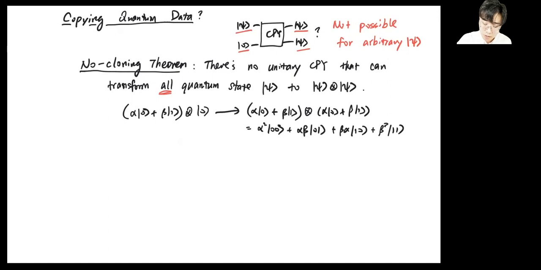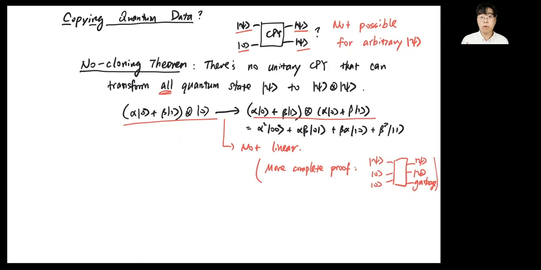And notice that this transformation is not linear. So you wouldn't be able to find a unitary transformation, which is a linear transformation, from the left quantum state to the right quantum state.